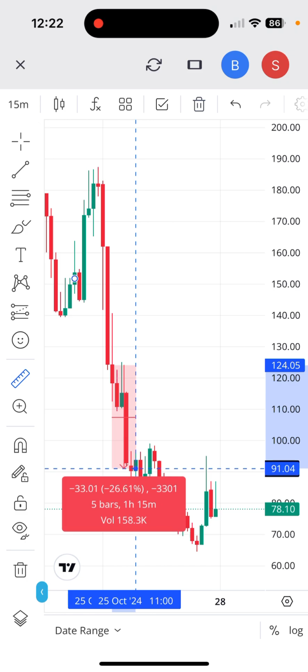Here, this is from 124 to 91. So grossly, how many points? 24 plus 9, almost 33 points. So let us say 30 points, right? Let me remove this indicator.